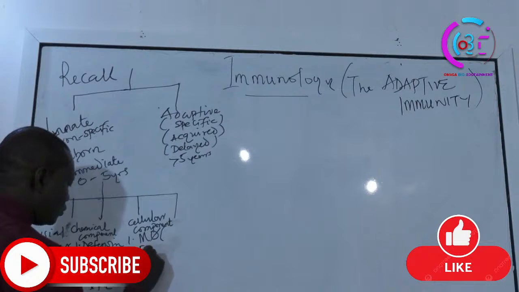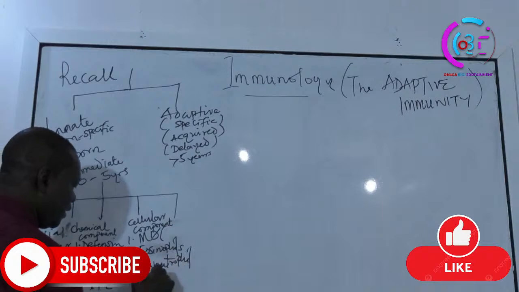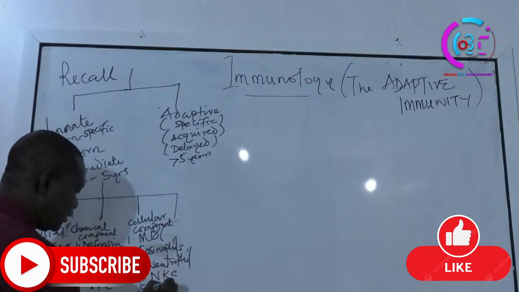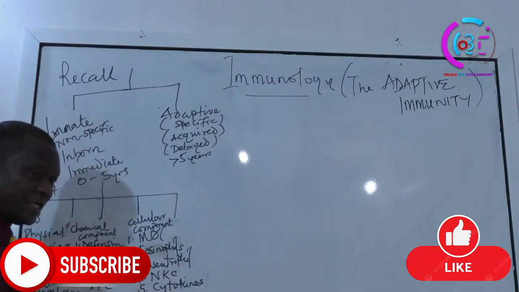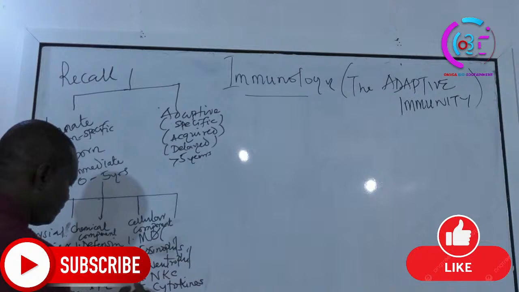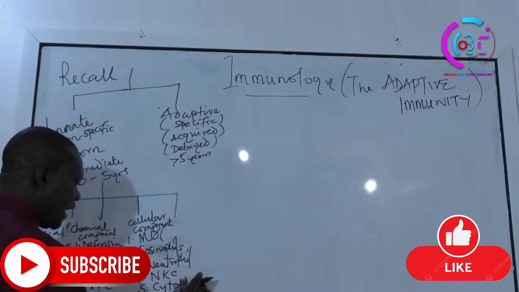We also looked at eosinophils, then neutrophils as part of this. We also examined natural killer cells. Apart from that, we looked at cytokines. I told you that there are different types of cytokines. What cytokines do is that they function as small proteins, which have immunomodulatory features.